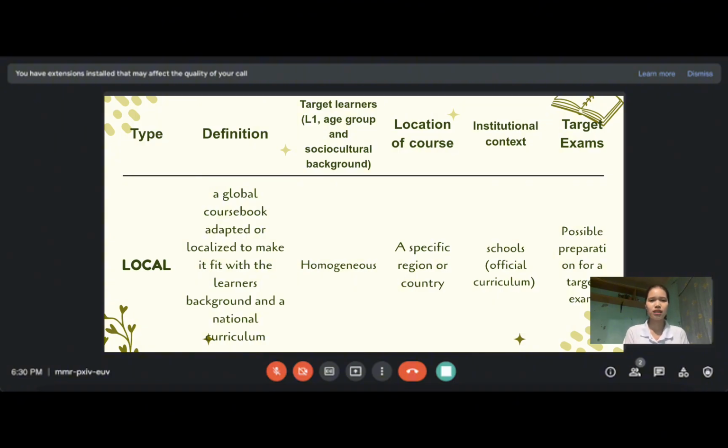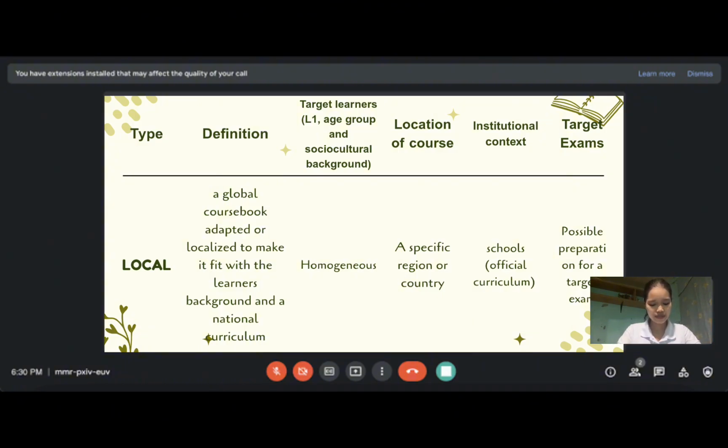So, they really use a local textbook, for example, a textbook that tackles Independence Day or the life of Jose Rizal, and they're already familiar with it, or they're learning material that is following the K-12 curriculum, and it cannot be used in any part of the world because the material is only applicable to Filipino learners.